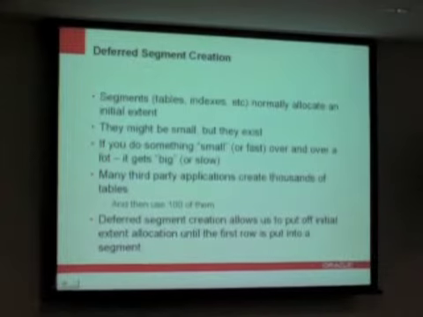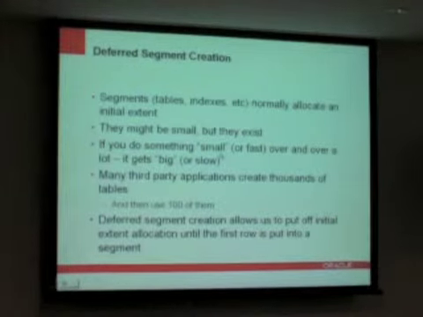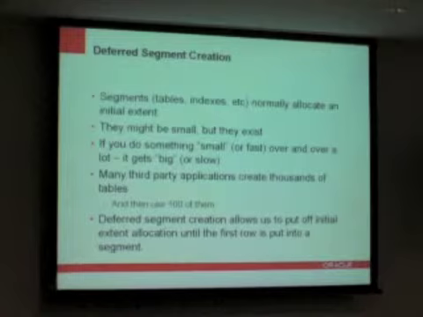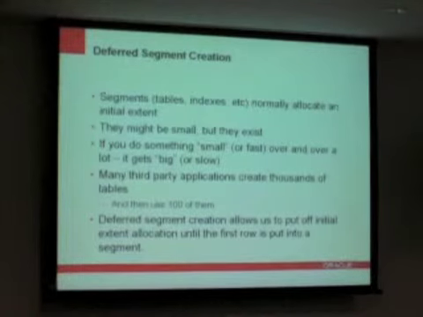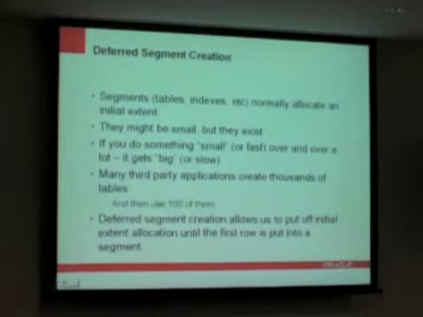It is a fact that if you do something small over and over and over again, it gets big. Right? So if you have lots of really small extents, you have thousands of them, that's going to be a lot of storage allocated. Many third-party applications do create thousands of tables and then only use 100 of them.